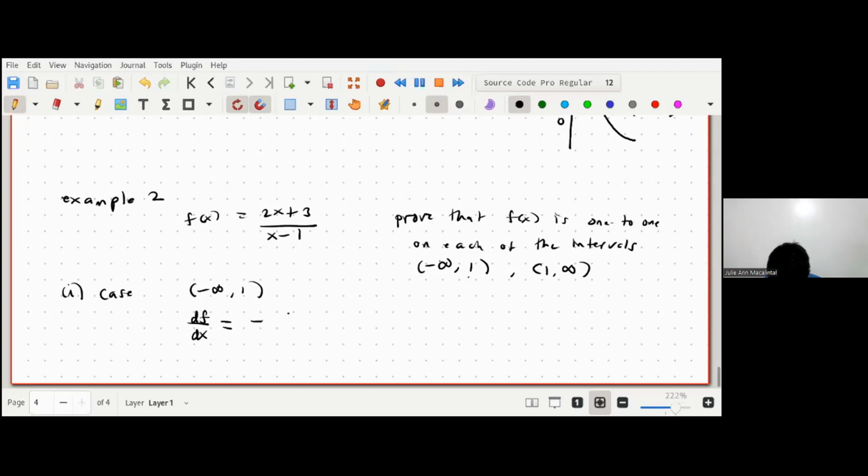Tingnan lang natin yung sagot. So it's going to come out as negative 5 over x minus 1 squared. And this, kahit anong value, is always negative. Kasi yung denominator is always positive, so always negative. So the function is purely decreasing.